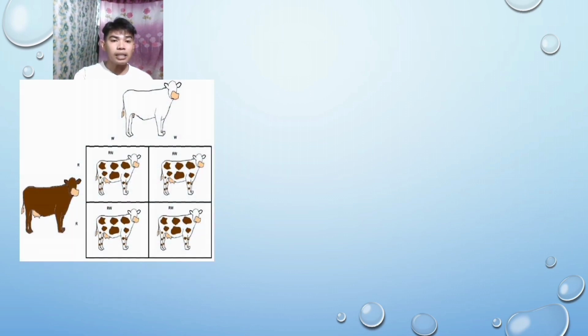So this is the illustration or picture showing the crossbreed between the white cow and the red bull, or the male cow. If we observe, they are all roan, which is a combination of the white and red coat of a cow.